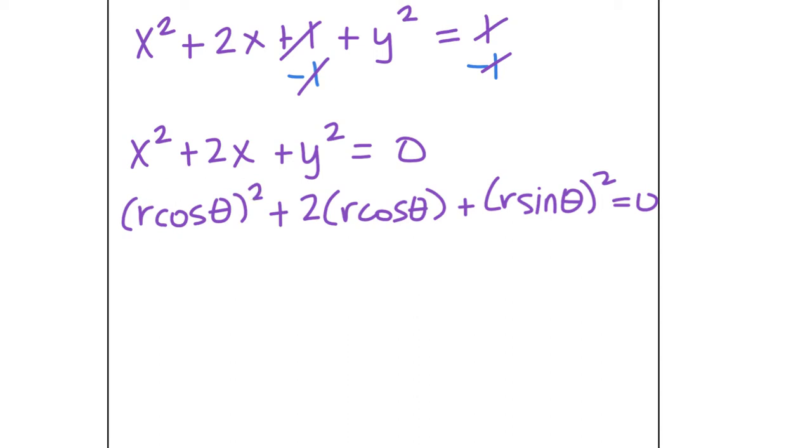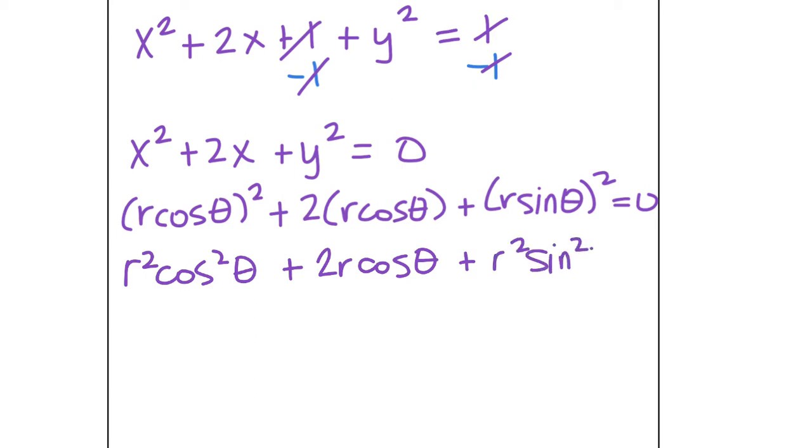So for those exponents, let's actually multiply those in. This one here didn't have an exponent, but we're going to take off those parentheses. And then r squared sine squared. Cool.